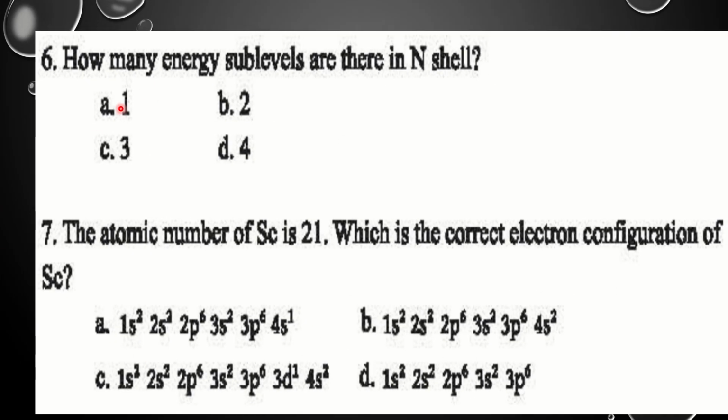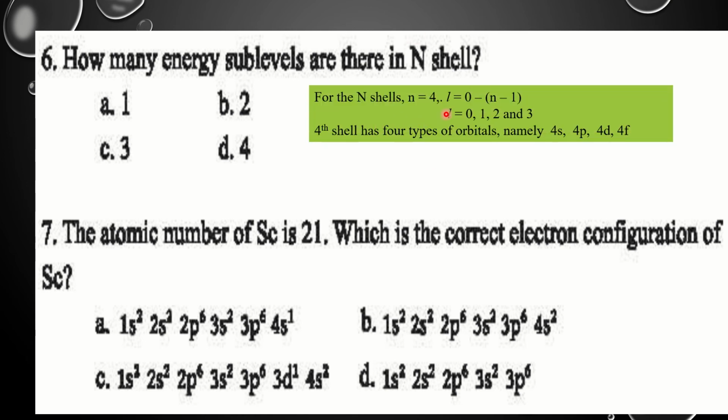Now, number 6 MCQ. How many energy sublevels are there in the N shell? N shell means K, L, M, N, the fourth shell. How many energy sublevels are in the fourth shell? In the fourth shell, there are s orbital, p orbital, d orbital, and also f orbital.